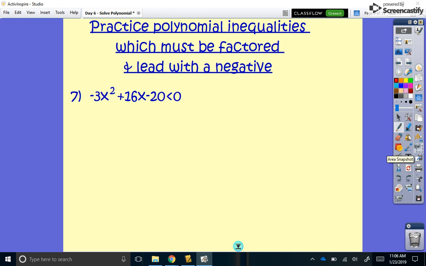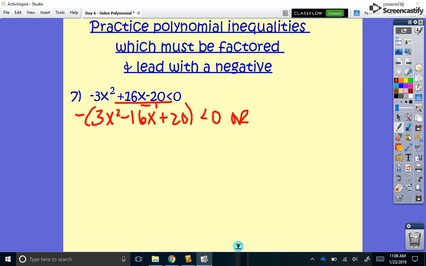You can either factor out the negative, which would give me negative, 3x squared minus 16x plus 20 is less than 0. Or you could divide out the negative. But when you divide out a negative, make sure you flip the sign. So that's 3x squared minus 16x plus 20 is greater than 0.